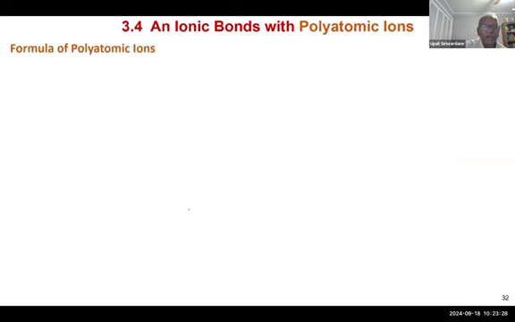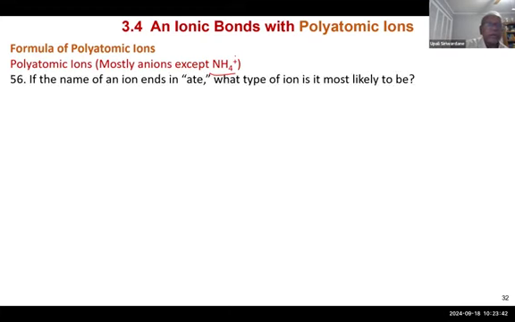Formula of polyatomic ions. Polyatomic ions are mostly anions, except the ammonium ion. We talked about it. Polyatomic ions have names ending in -ate or -ite, like phosphate, nitrite, sulfide.